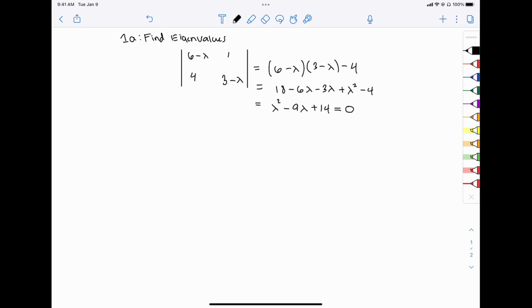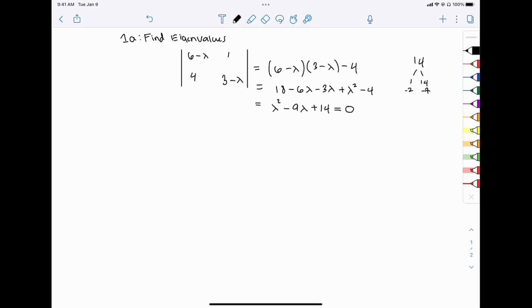And then we need to factor or use the quadratic formula, whichever you want. I'm simply going to factor, and I'll show my steps. We take 14 and break it down: 1 times 14, 2 times 7. That looks like it's going to work, but we need a negative 7 and a negative 2.